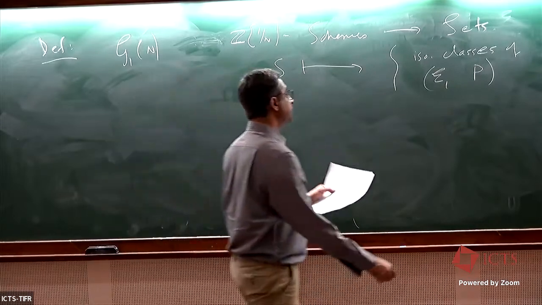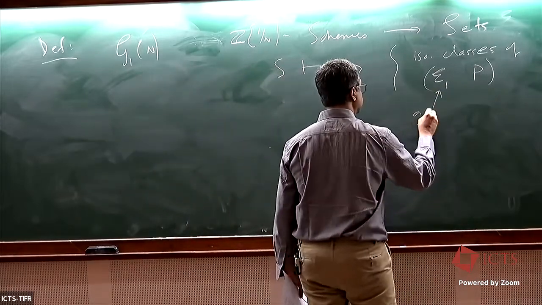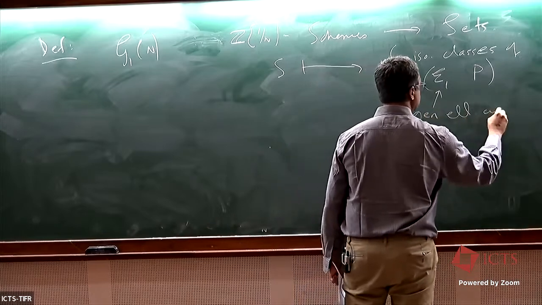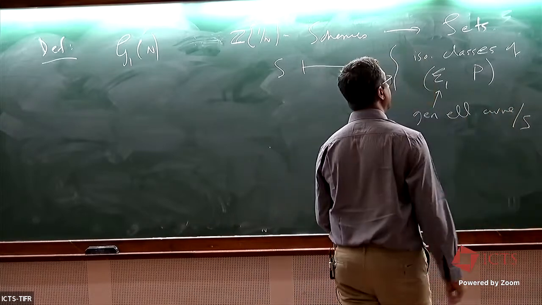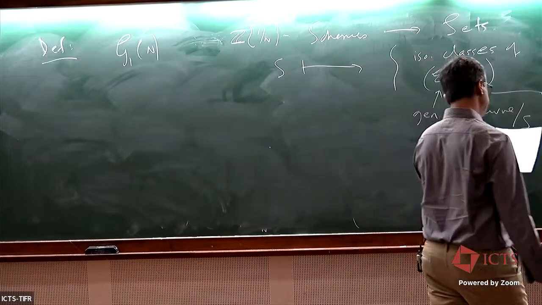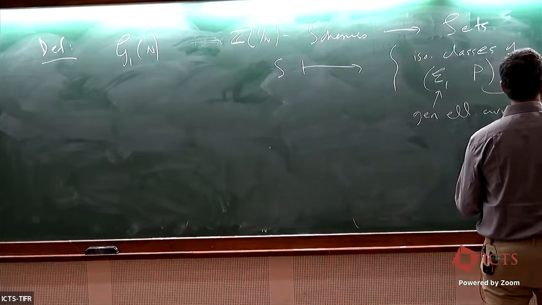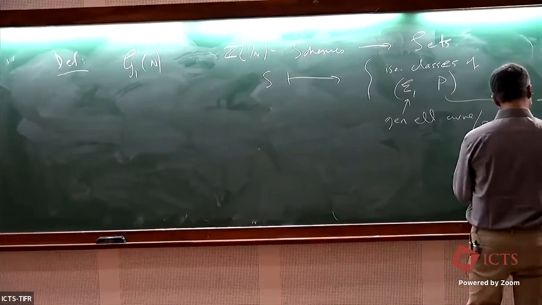This time E is a generalized elliptic curve, and P is a point of exact order n going into E^reg.